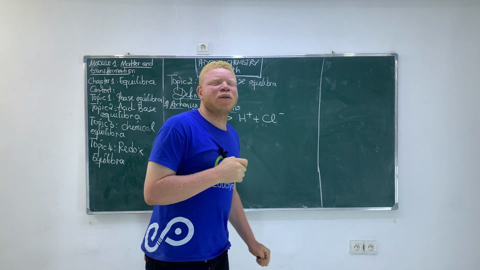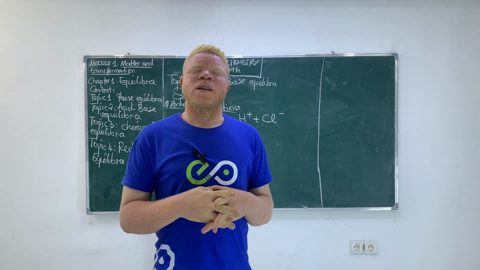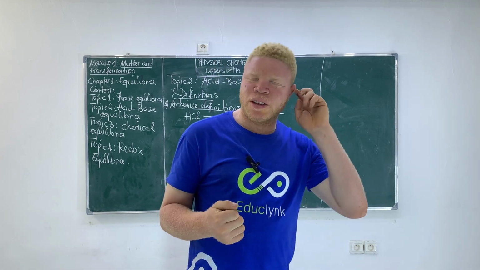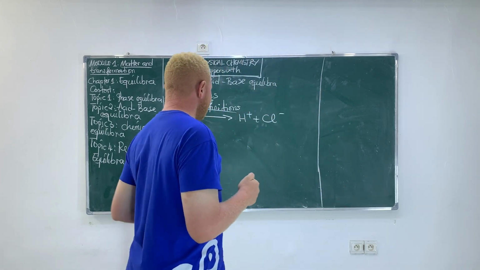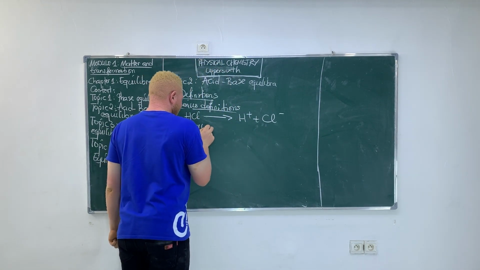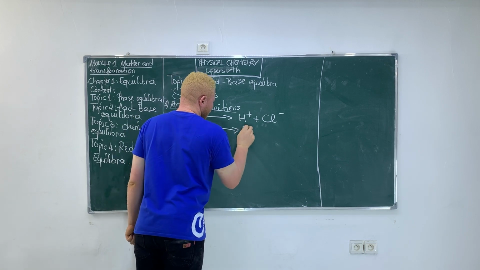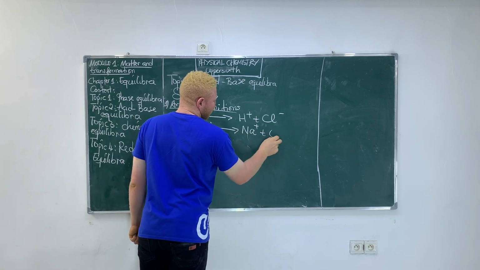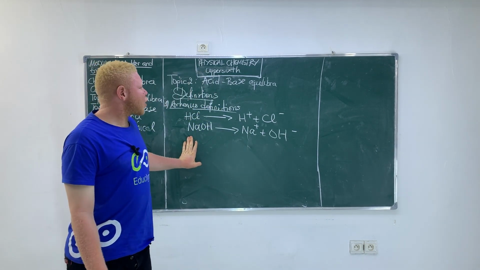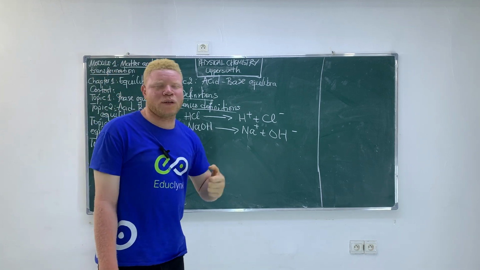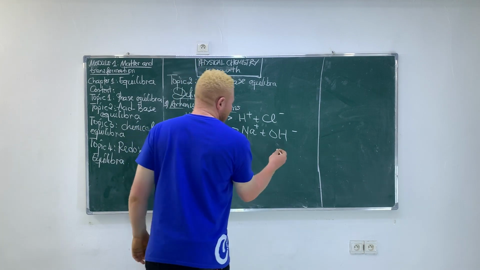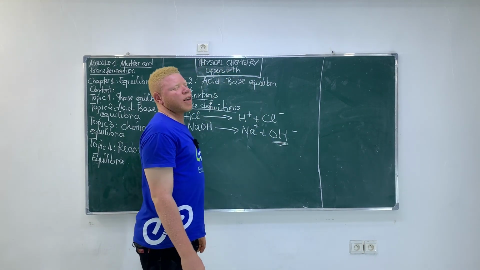Also, according to Arrhenius, a base is a substance that ionizes in solution, producing OH minus as the only negatively charged ion.